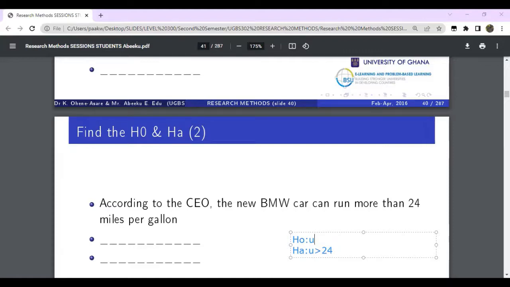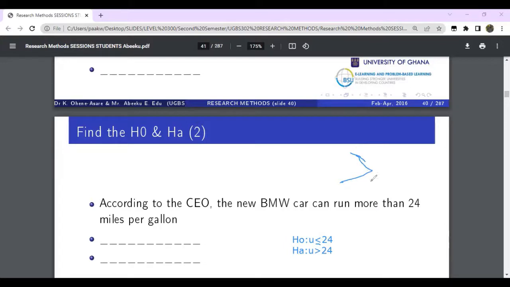And we are saying the HA challenges the H0. So if HA is saying mu is greater than 24, definitely H0 will be less than or equal to 24. Do you understand? You said it yourself that more than is HA, because it never contains equality. So it's solely more than, right?